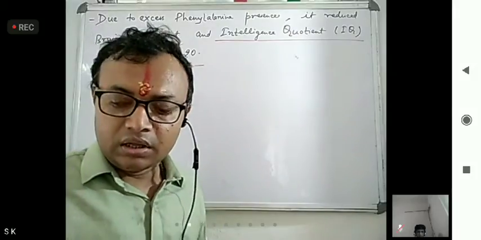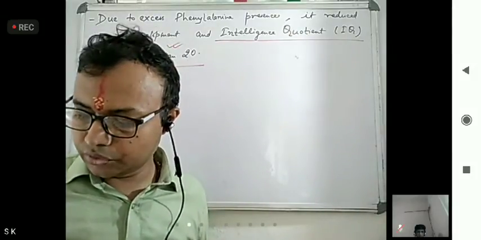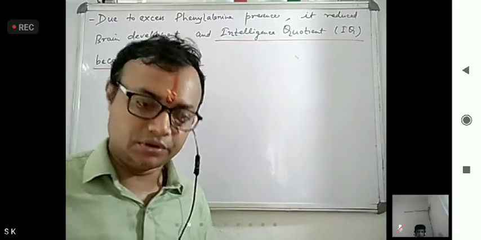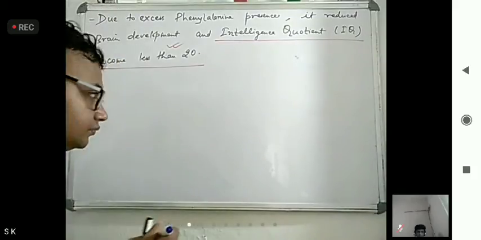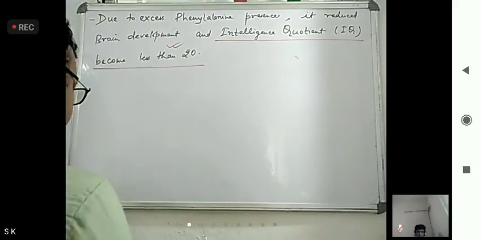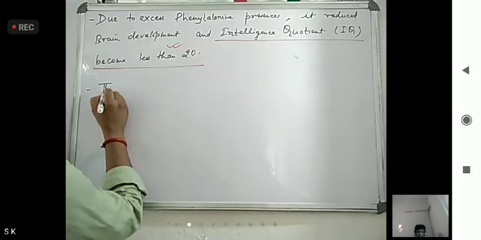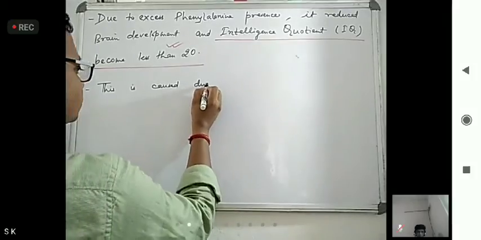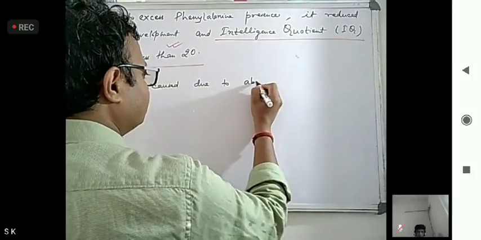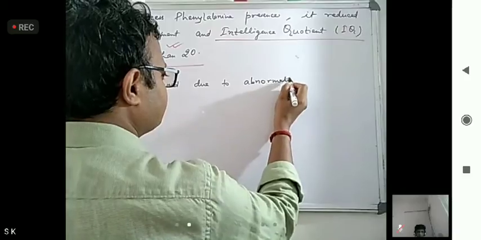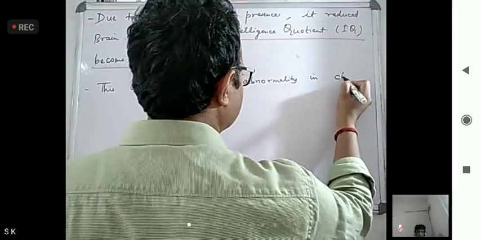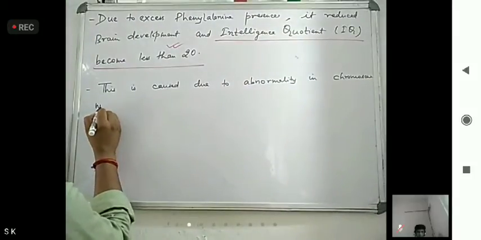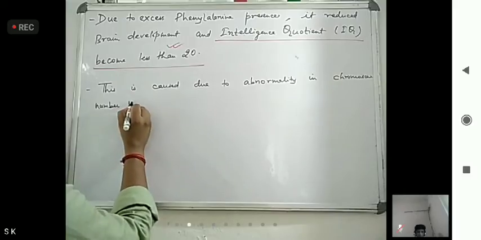Now, what we see in this phenylketonuria is that the problem occurs on chromosome number 12. So this is caused due to abnormality in chromosome number 12.